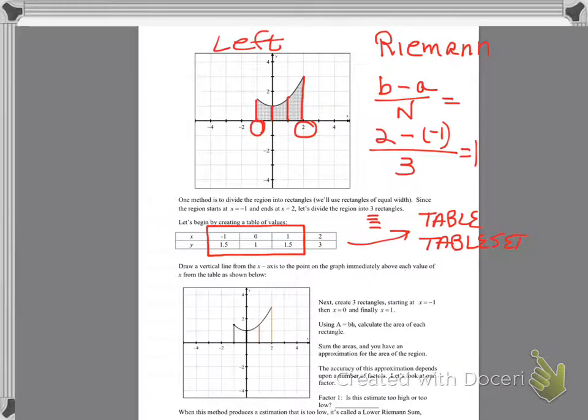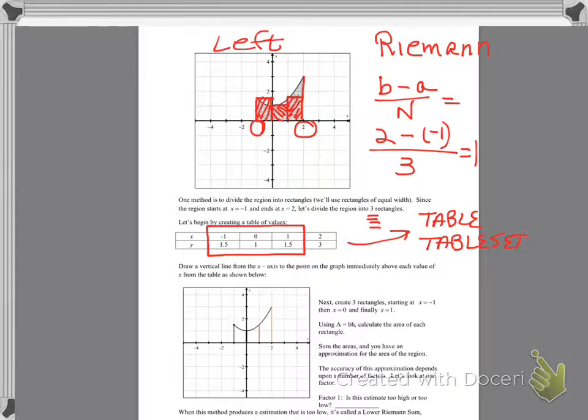I'm going to go up at the furthest point left on my domain, and once I go up, I'm going to go across horizontally to the next increment. That's my first rectangle. Then I'm going to go up to the curve and go across horizontally. That's my next rectangle. Once again, up to the curve, across horizontally. That is my third rectangle.